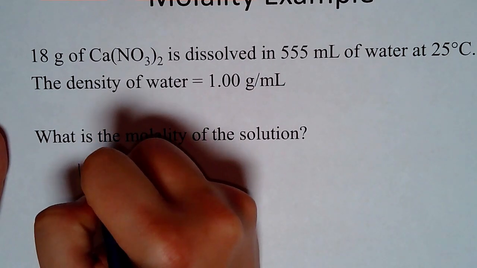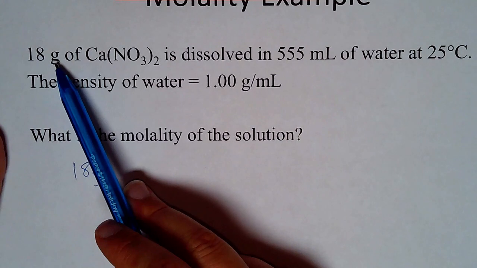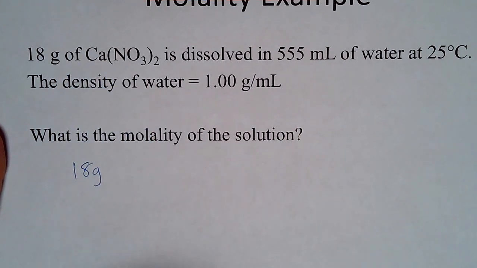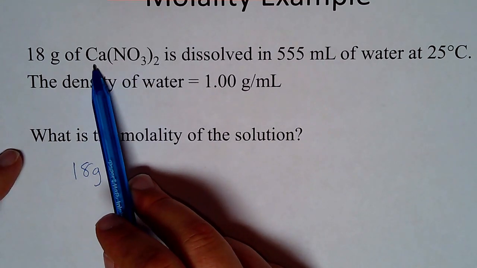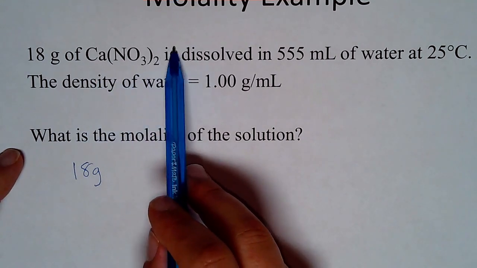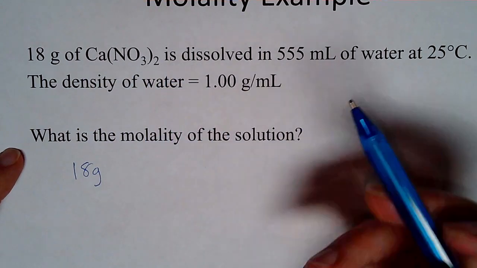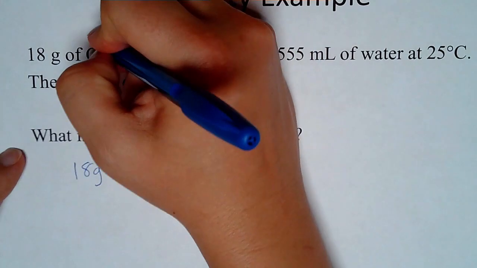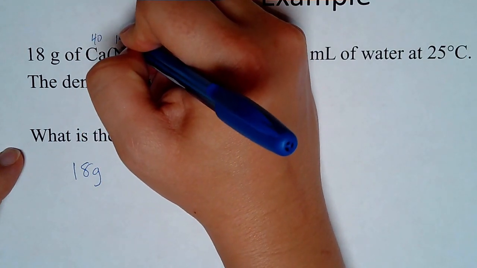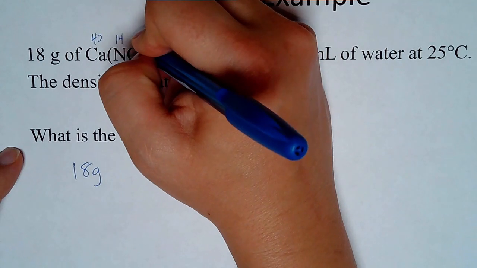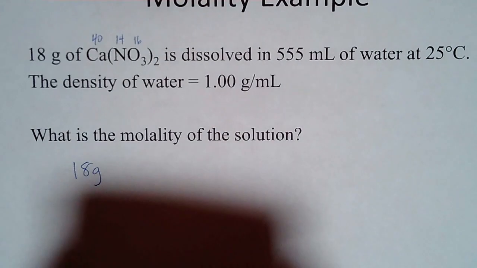I have 18 grams. I need to convert the grams into moles because the top part of my ratio is moles. So if we look at calculating our molar mass for calcium nitrate, we have 40 for calcium, 14 for nitrogen, 16 for oxygen. So we can calculate what our molar mass would be.